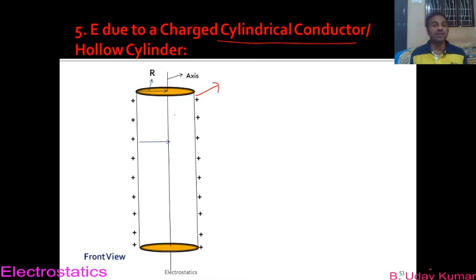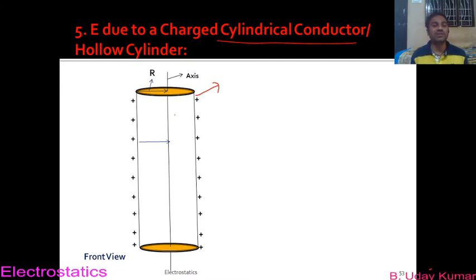The cylindrical conductor consisting of some charge on it, we call a charged cylindrical conductor. If you give positive charge to it, it will have positive charge on its surface, and if you give negative charge to it, it will have negative charge on it.